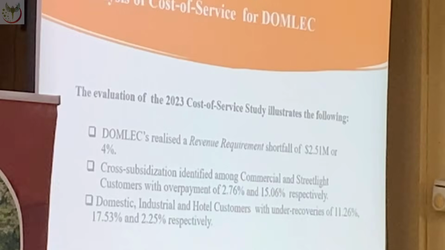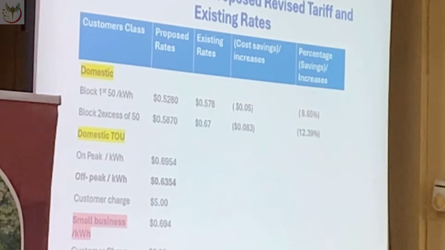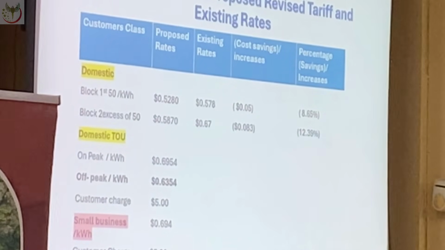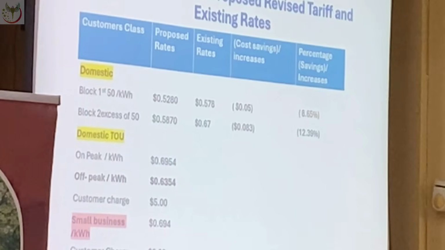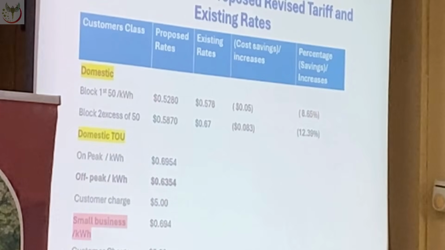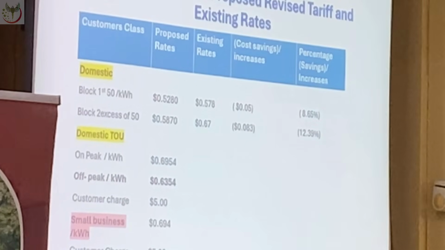Now we are showing a comparison of the proposed revised tariff against the existing rates. So based on the proposed rates for domestic, we are seeing a proposed rate. There's two tier, which is block 1 at 50 kilowatt per hour and block 2 in excess of 50.